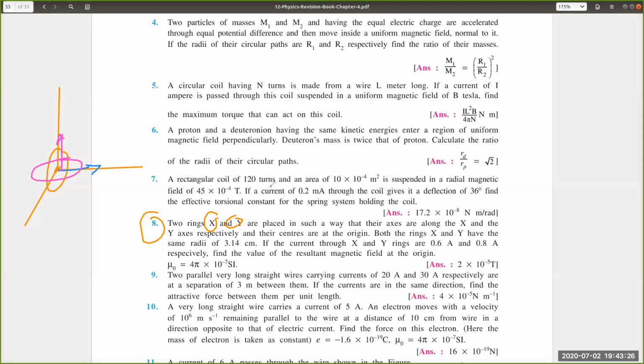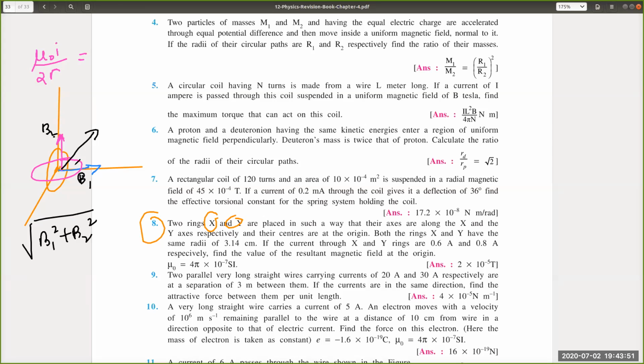So you just find it using the normal formula, mu naught I by 2r. Due to each ring, and then take a vector addition of them, right? It is under root of this square plus this square, so it is b1 square plus b2 square.